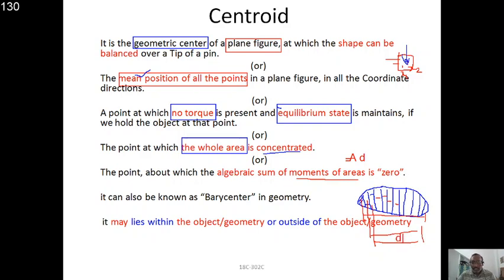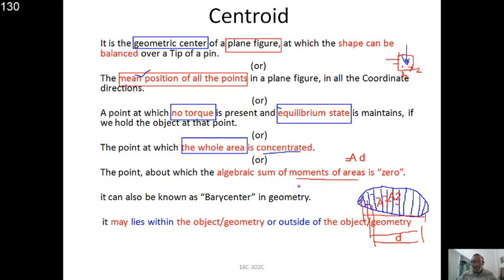And where is the area? Each element has an area: this is a1, and similarly a2, a3, a4, a5, like that, and these should all be multiplied by their perpendicular distance to a point.